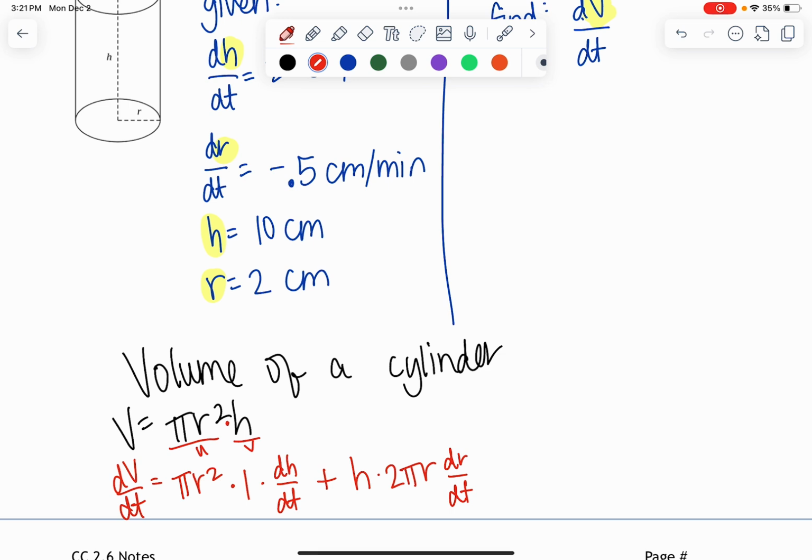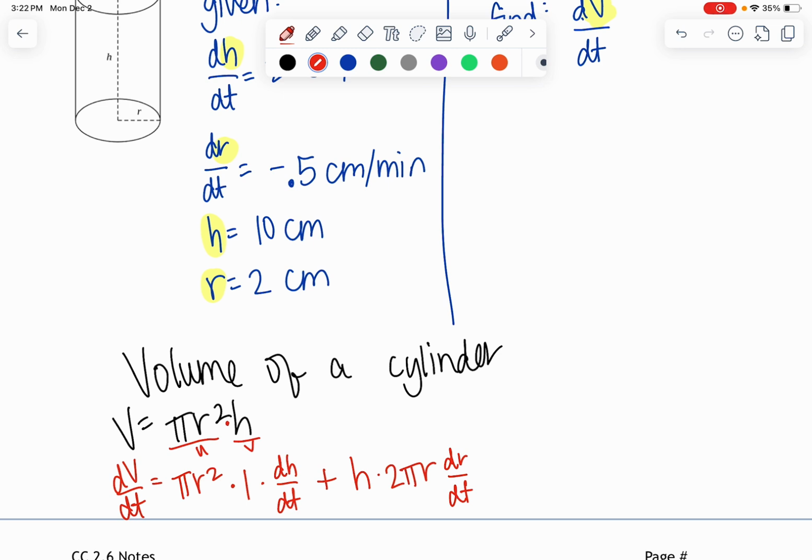Because this is not in terms of x and y, because it's in terms of t, all of our variables will have something multiplied after. So like v times dv/dt, h times dh/dt, r times dr/dt. So every single variable, you'll do the derivative and then tack on a d letter dt. Now, once you have your derivative of both sides, plug in everything you know.